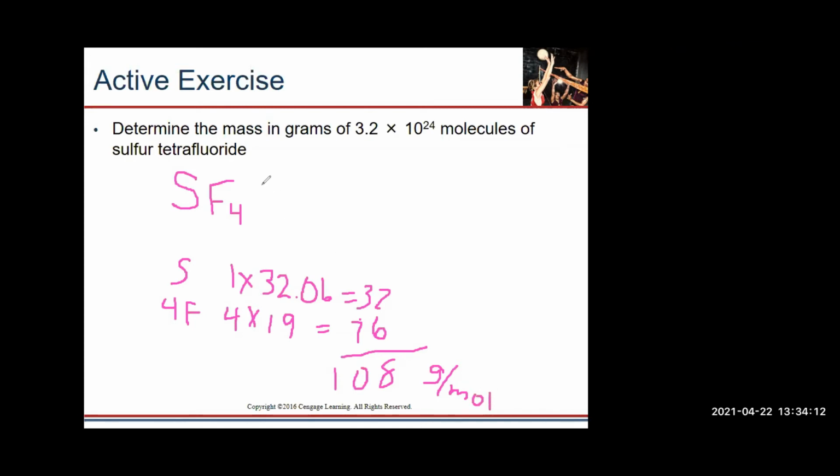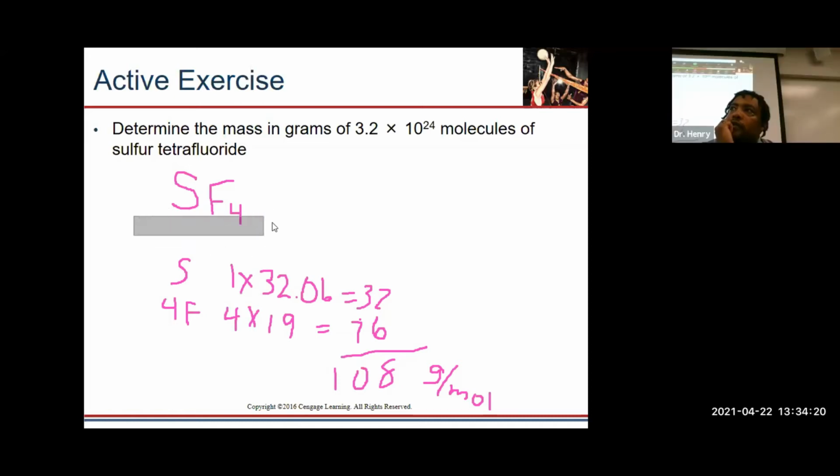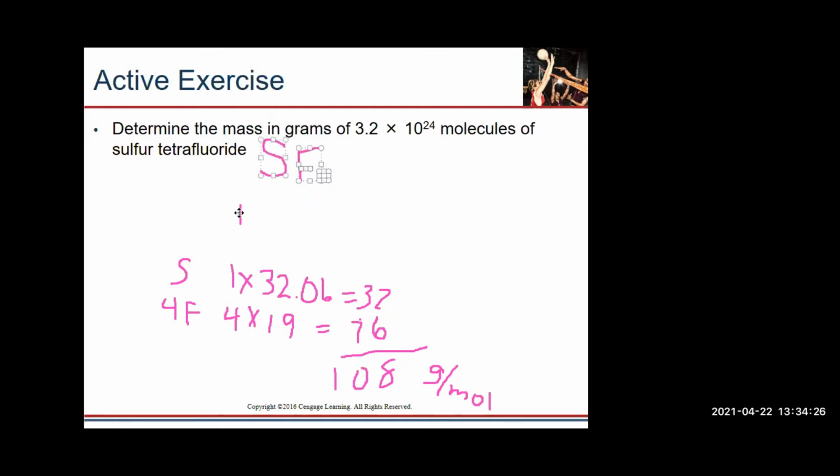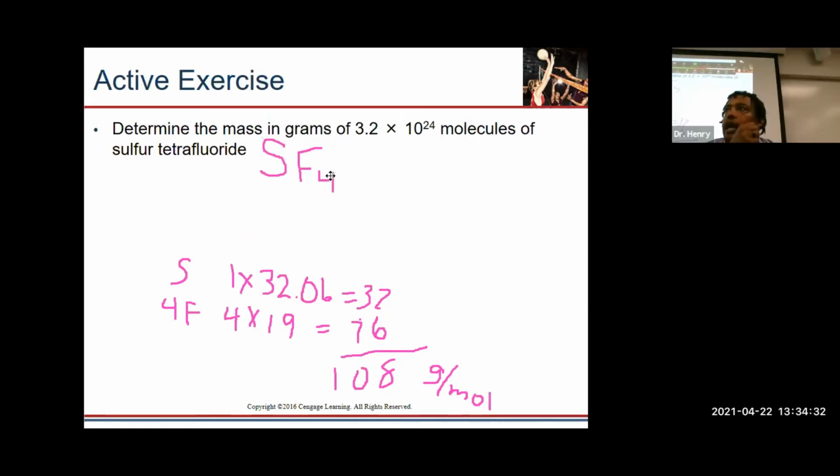For our conversion, because we need to determine the mass in grams. Okay, so then what am I going to start off with in terms of our conversion? You are going to start off with your given. My given. Okay, so I'm going to start off with my given.